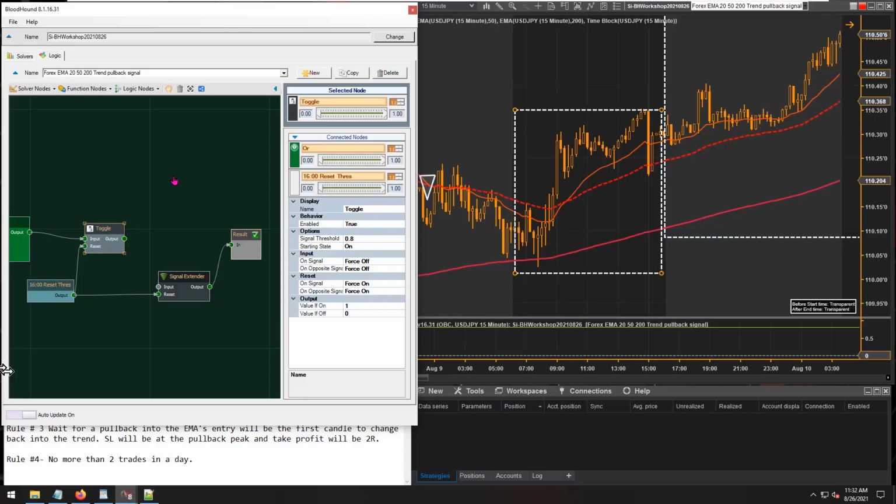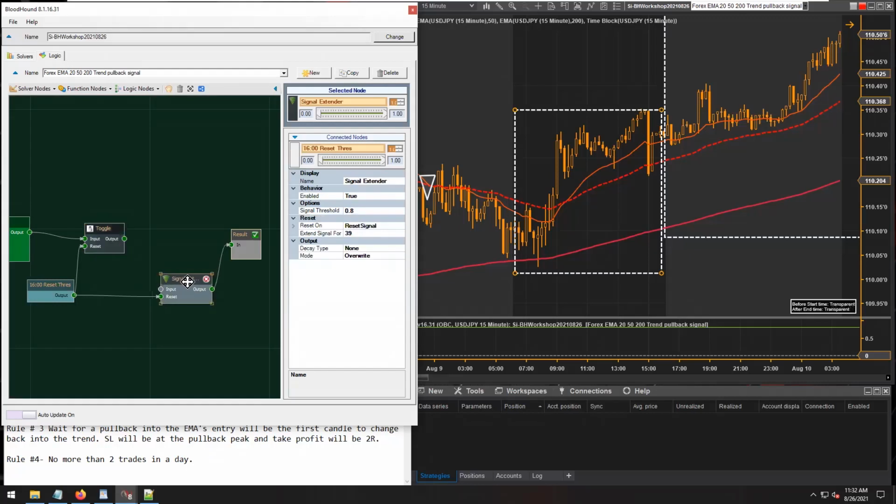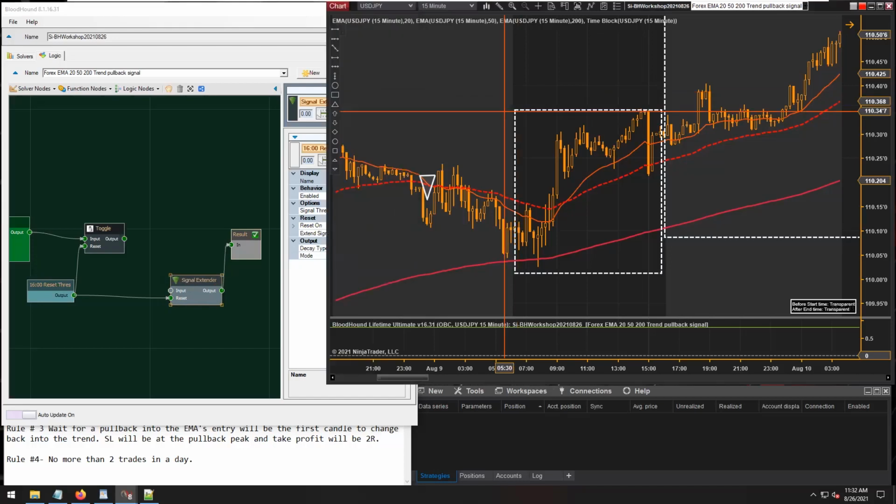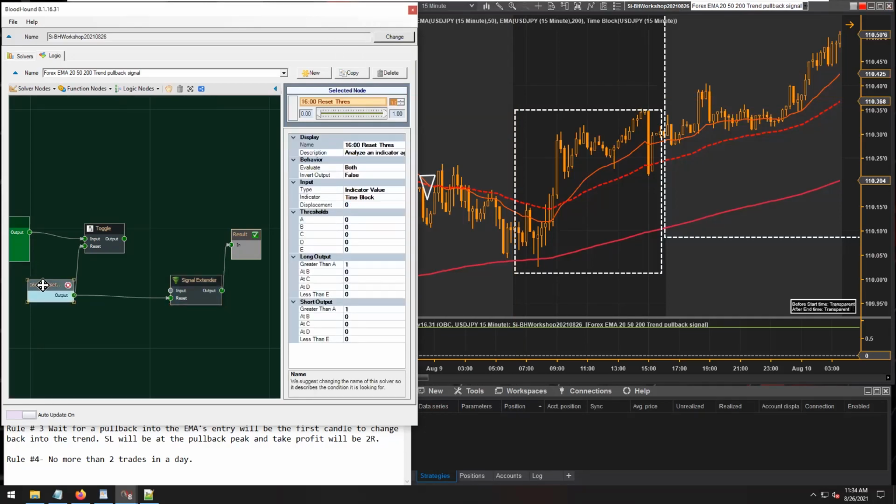All right, well, where we left off here is that in between our toggle node and our signal extender, we need to create another condition here where before we use the signal extender, we need to identify if the toggle node is still on this specific bar or at this specific period in time here. I'm going to create another threshold solver here.